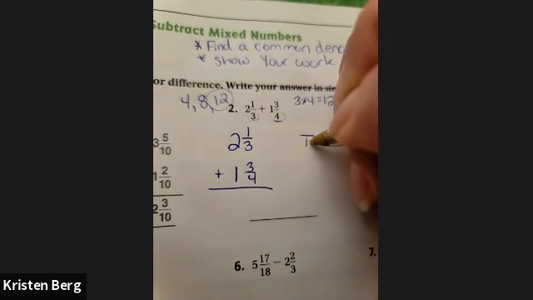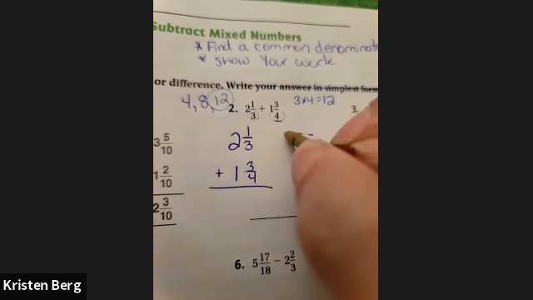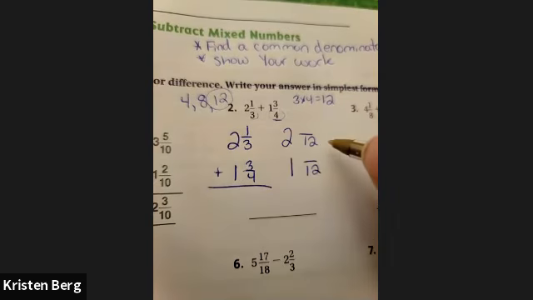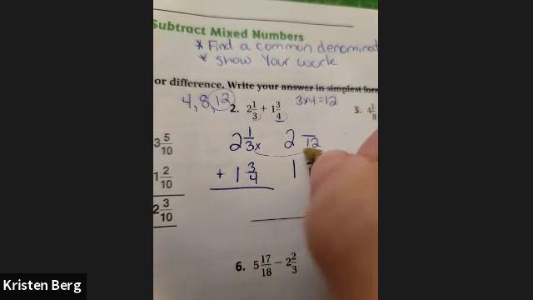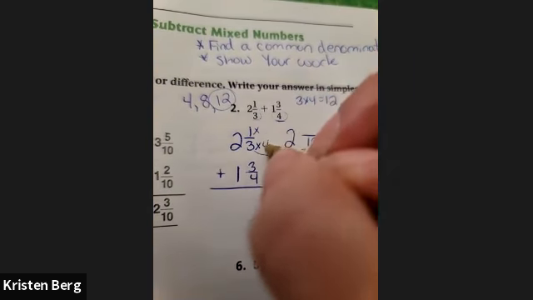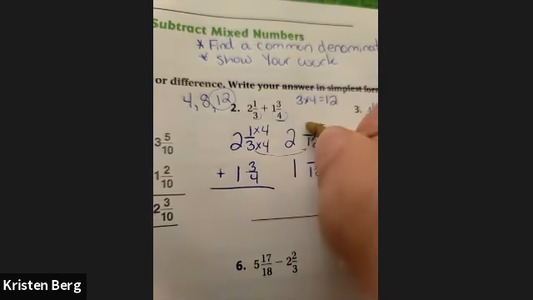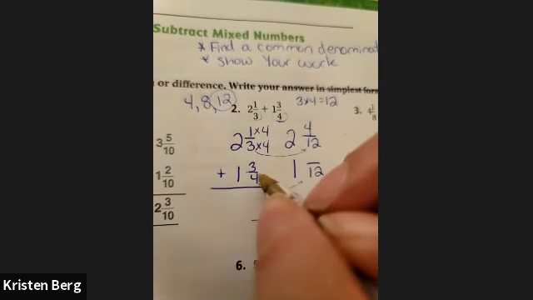So I'm going to change these to 12ths. Again, your whole number still remains the same. The only thing that's changing is that fraction. So what do I do to a 3 to get it to a 12? I got to times it by 4. So if I times the denominator by 4, I must do the same to the numerator. 4 times 1 is 4. Over here, what do I do to a 4 to get it to 12?